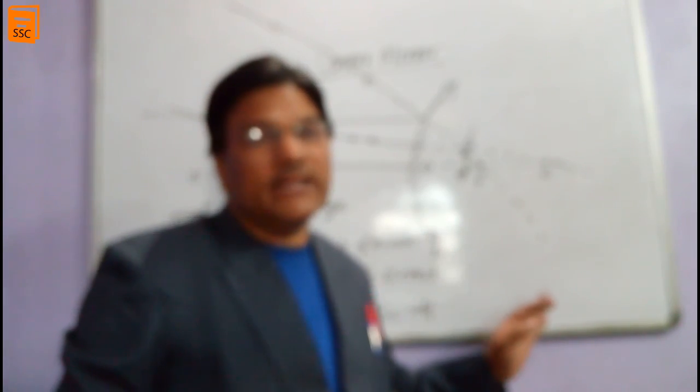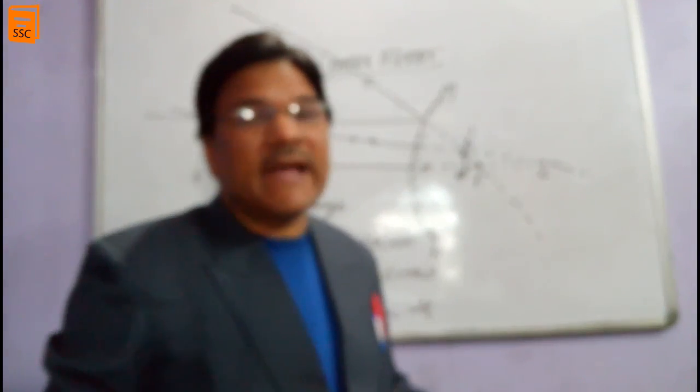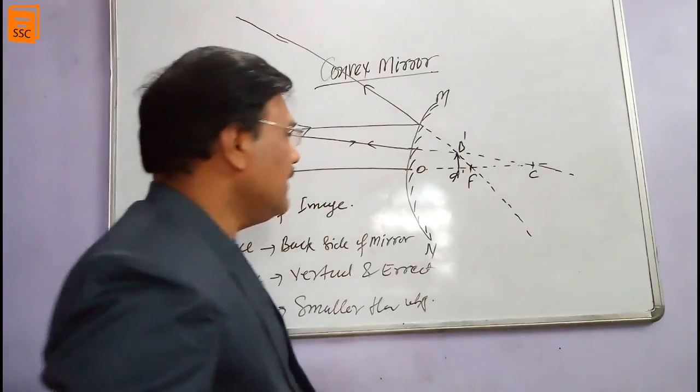But here, the image is always smaller than the object, which means the magnification is always less than 1. These are the three topics we have.